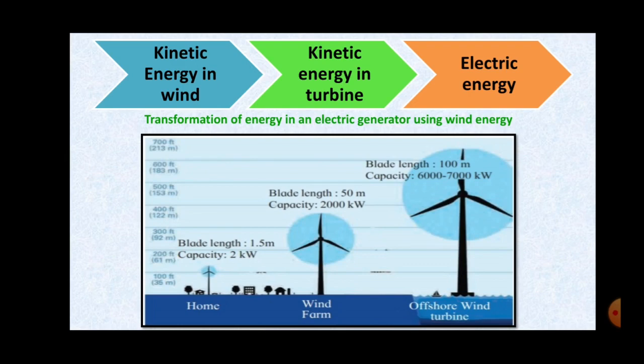Whereas in wind farms, the size of the blade is almost 50 meters and the capacity is also more. Whereas the offshore wind turbines are quite big, very tall, and the length of the blades is 100 meters, and their capacity to generate electricity is 6,000 to 7,000 kilowatts.